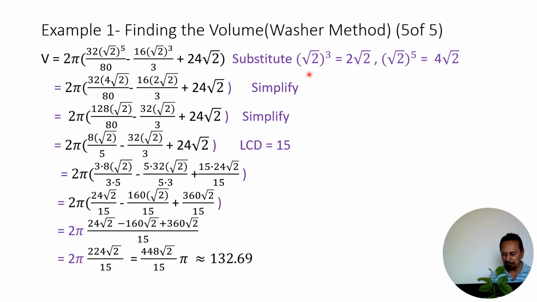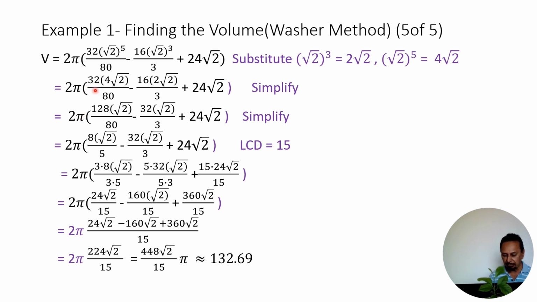We can now replace the cube of square root of 2 with 2 times square root of 2, and the 5th power of square root of 2 we can replace with 4 times square root of 2. So we have 2 pi times 32 times 4 times square root of 2 over 80, minus 16 times 2 times square root of 2 over 3, plus 24 times square root of 2.